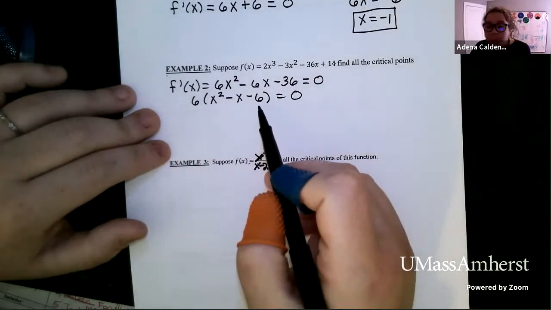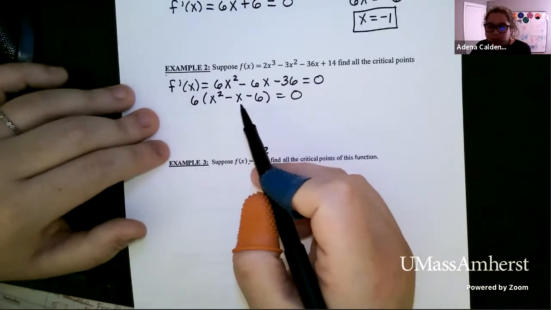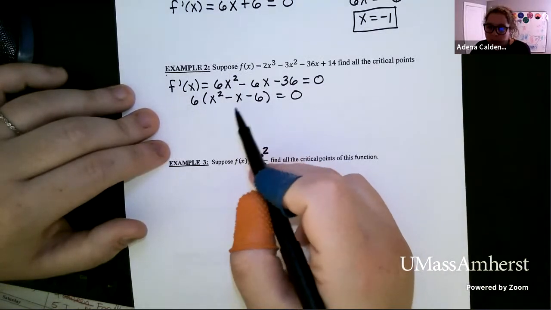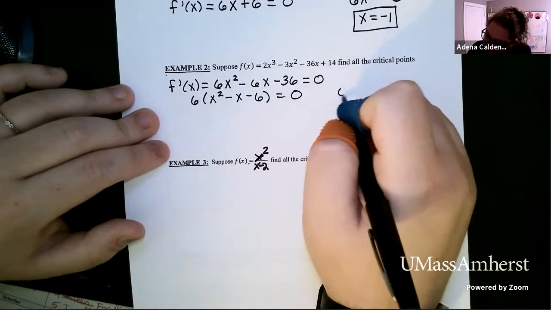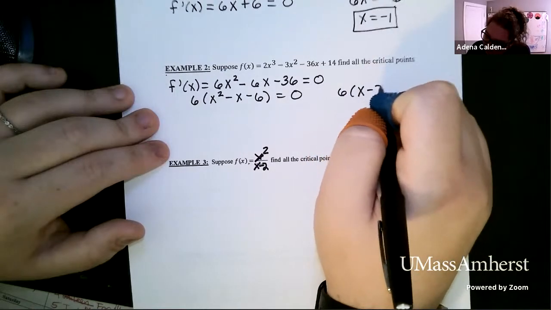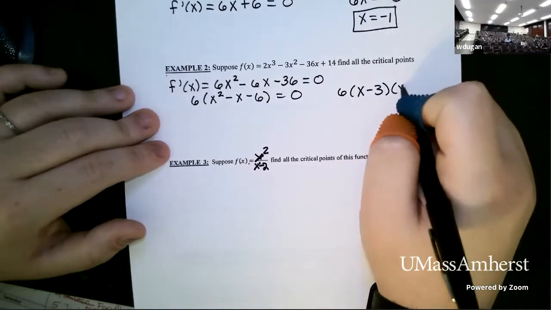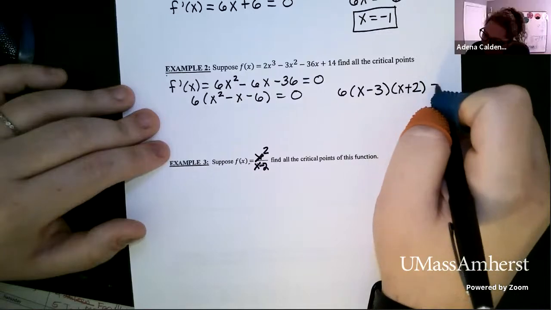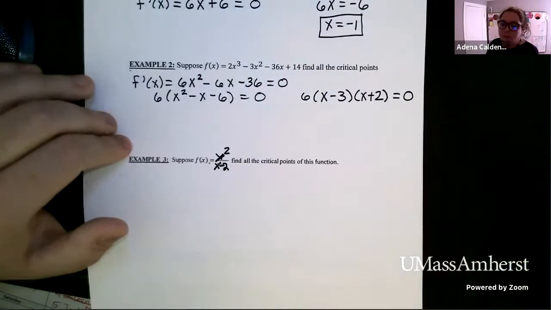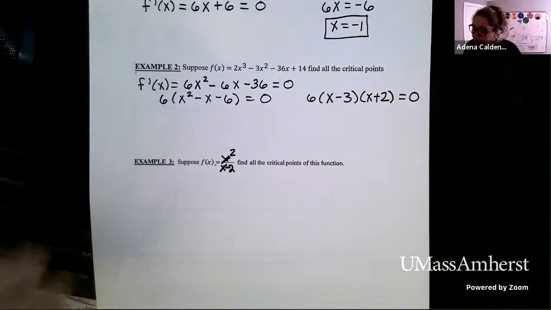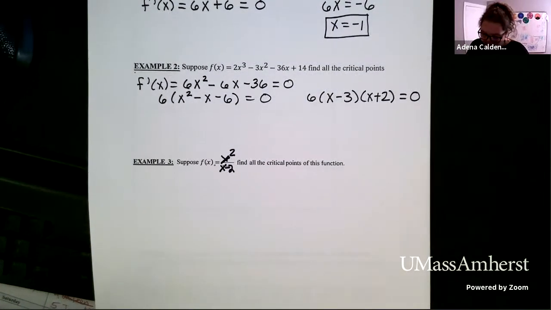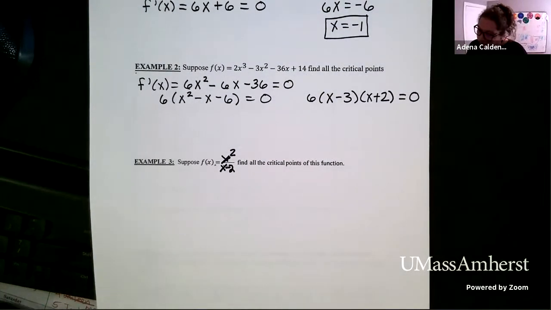So I'm looking for 2 numbers that multiply to give me -6, but add up to give me -1, that cross term. So I get 6 times x minus 3 times x plus 2. And I want to know, when does that equal 0? So I look at each of my factors and think about what value would make it equal to 0.